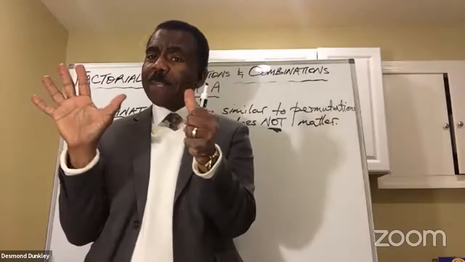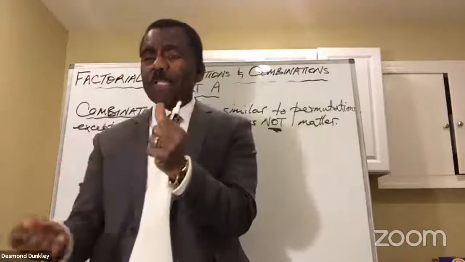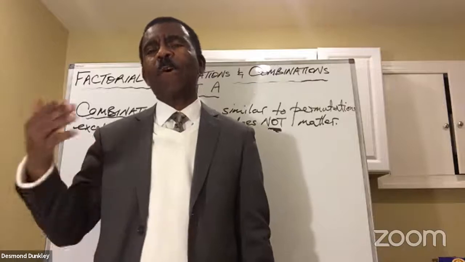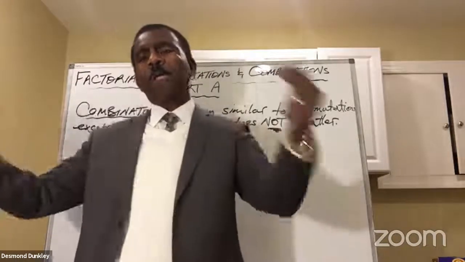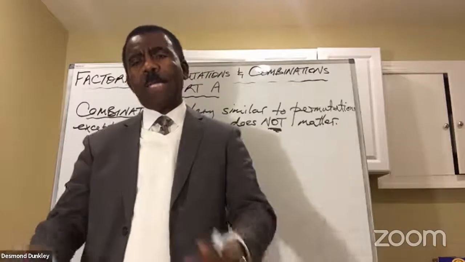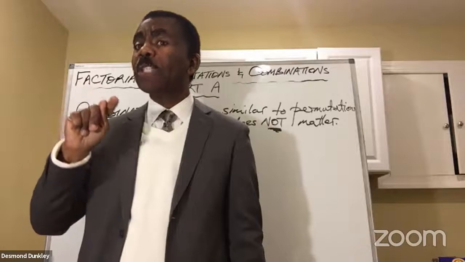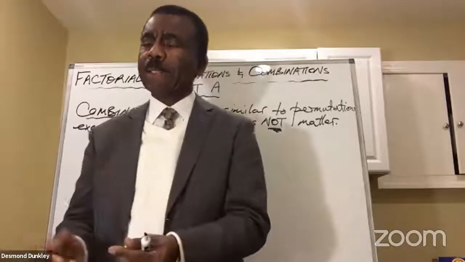Does it matter? No. As long as you're one of the 6, you're going to be enjoying that vacation with the other 5 people. So that is the situation where the order does not matter. It's when you're selecting a group from a group such that the order is not important, and especially if there is no position assigned to each member of the subset that is selected.